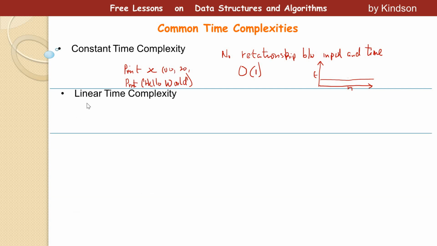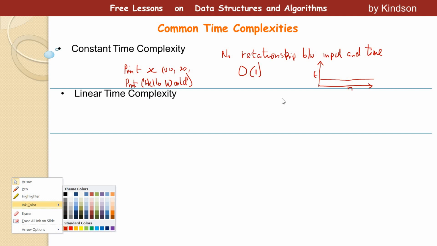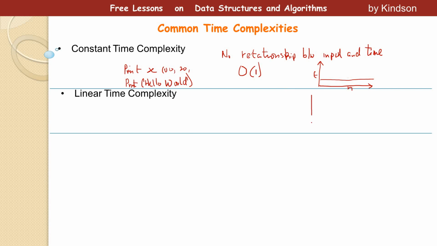Let's now look at another one, linear time complexity. In this case, the time grows linearly with the input. So if we want to sketch it, we'll have something like this. Let me take my pen. So we have time on this axis and we have input on this axis.